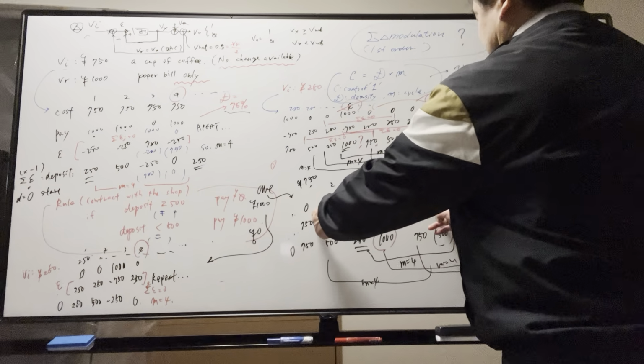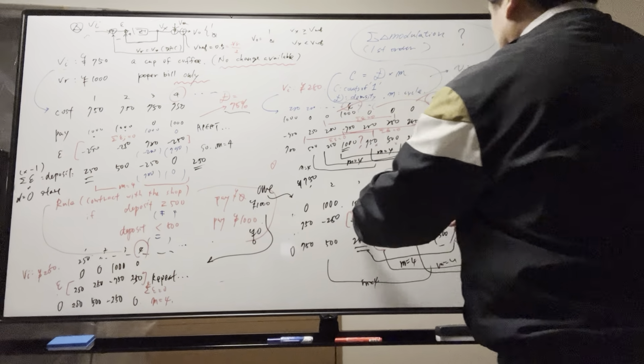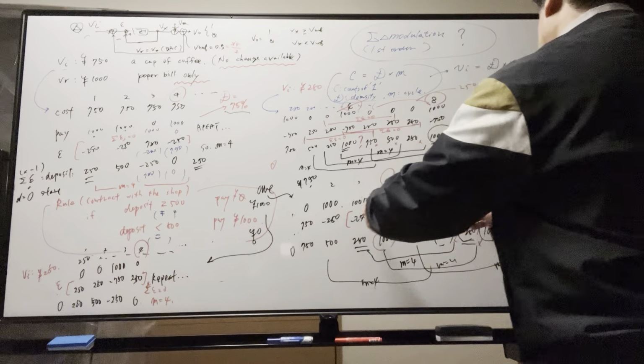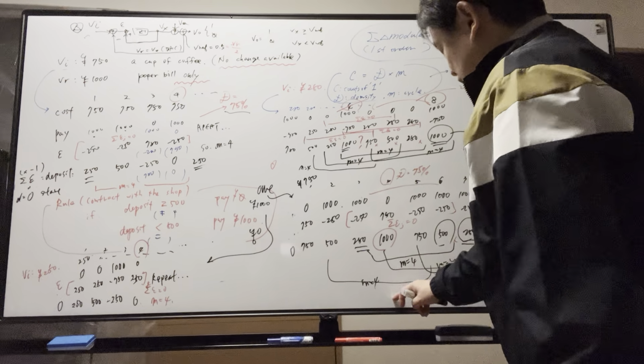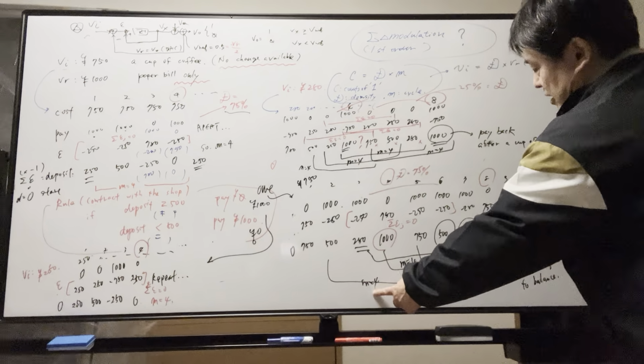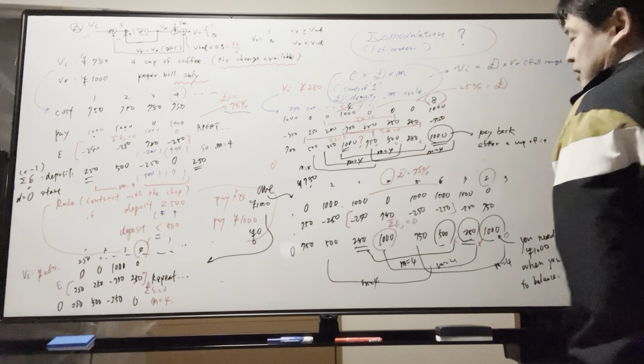Summation of the error adds up to 0 every time, every sample, and so it actually has a cycle 4.